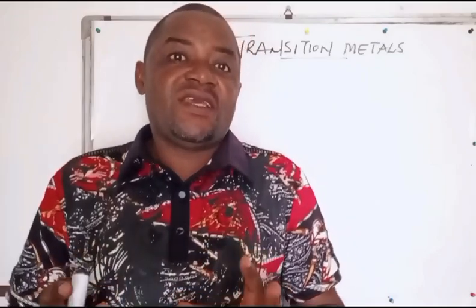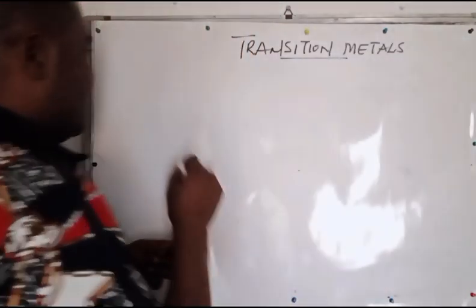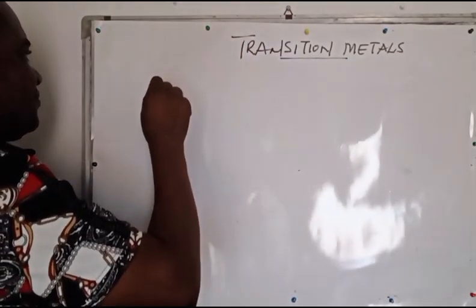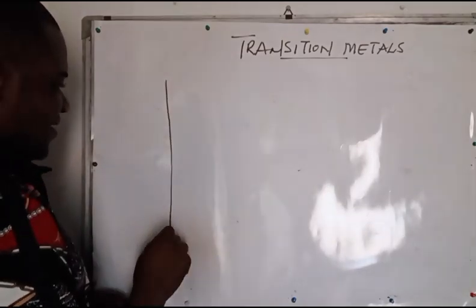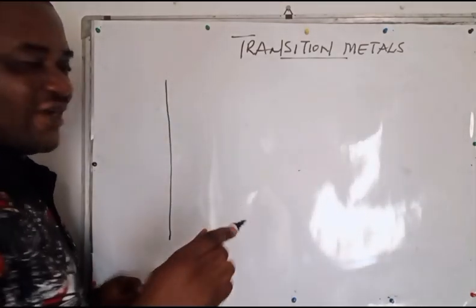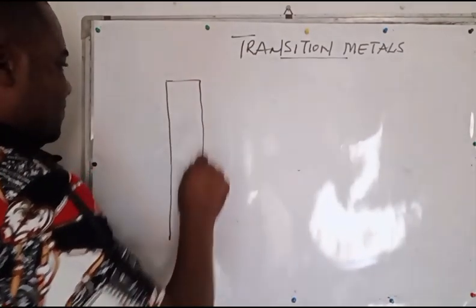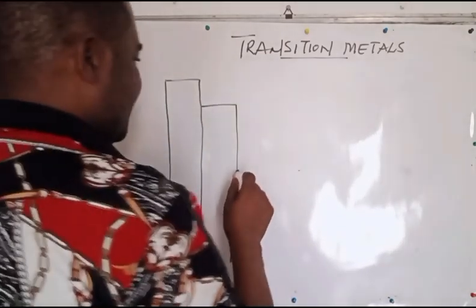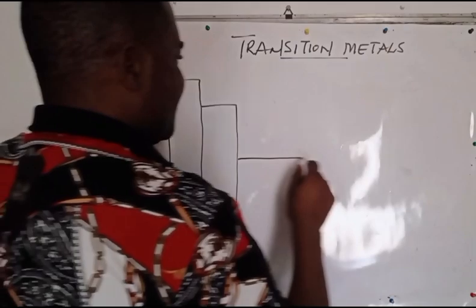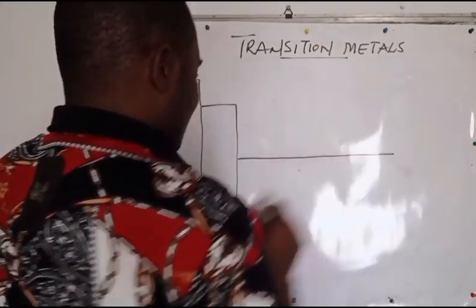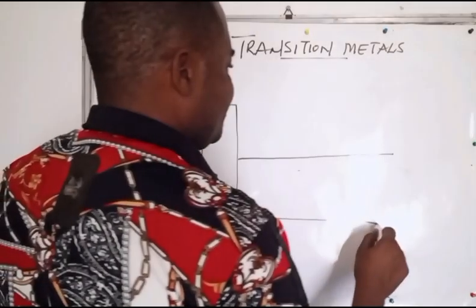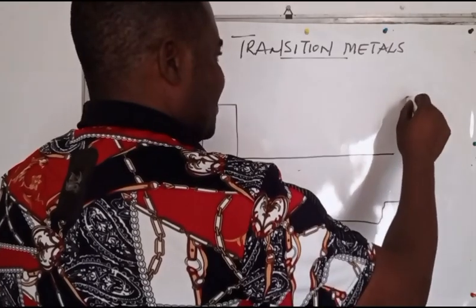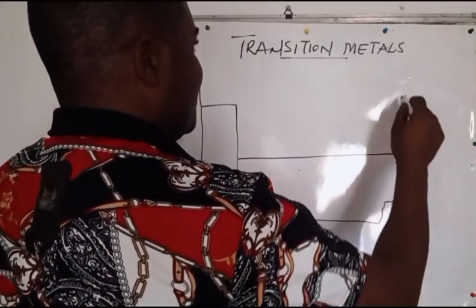But let us take a look at the periodic table and see how it looks. This is just a sketch of the periodic table. Please, I'm not too good at drawing, but it looks like this. Then we have this, and another one, and another block in this form.